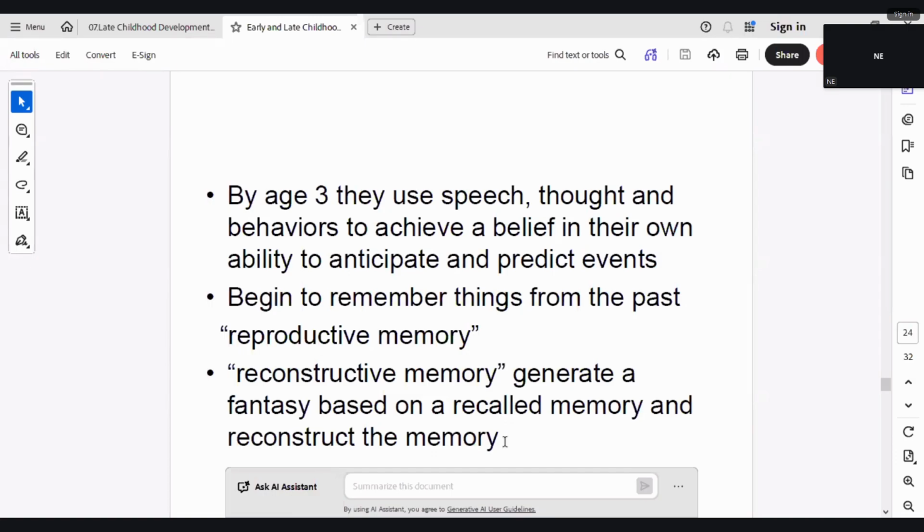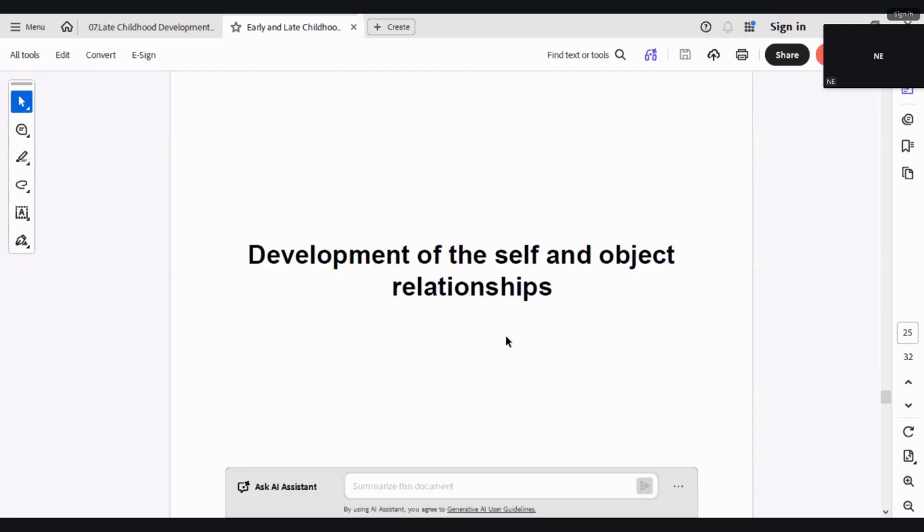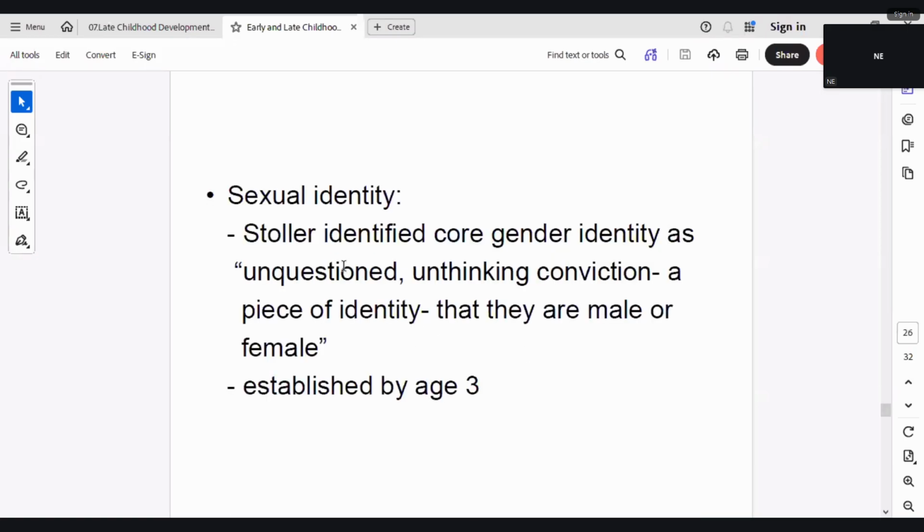We don't like to say that this 4-year-old is lying, because what is it that they're reconstructing? What is the objective of that reconstruction? Are they feeling lonely? Are they feeling sad? Nothing is what it looks like until you assess it thoroughly.